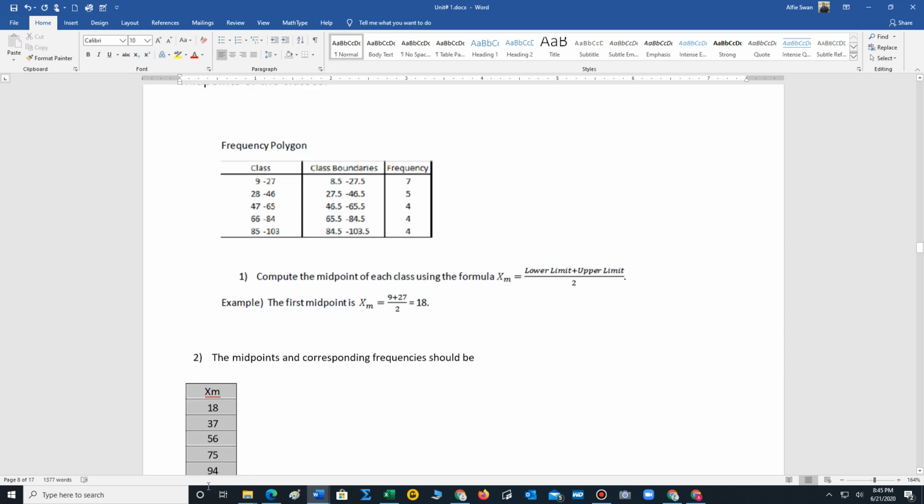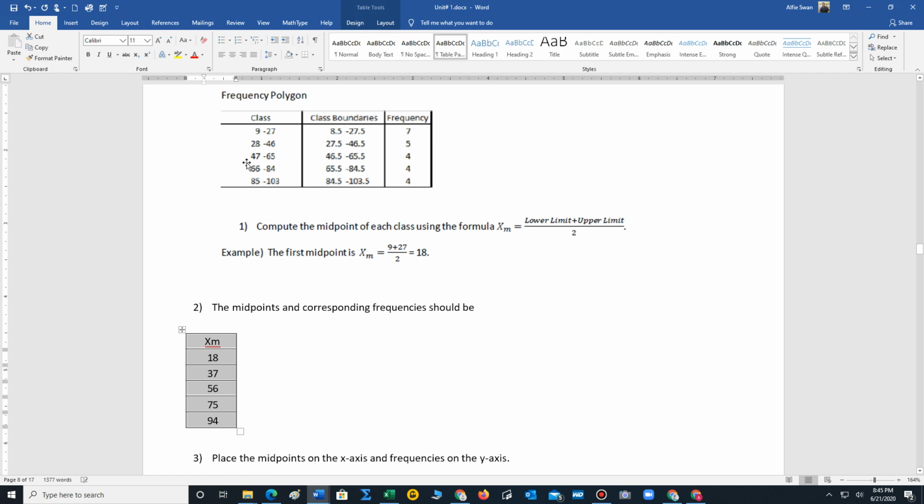So we have the midpoints here, so let's just run through it. 9 plus 27, that's 36, and then divide 36 by 2, you get 18. That's our starting point. Now you could just repeat that pattern using the formula, but we can also use the class width. The class width is 19, so you just add 19 to 18.